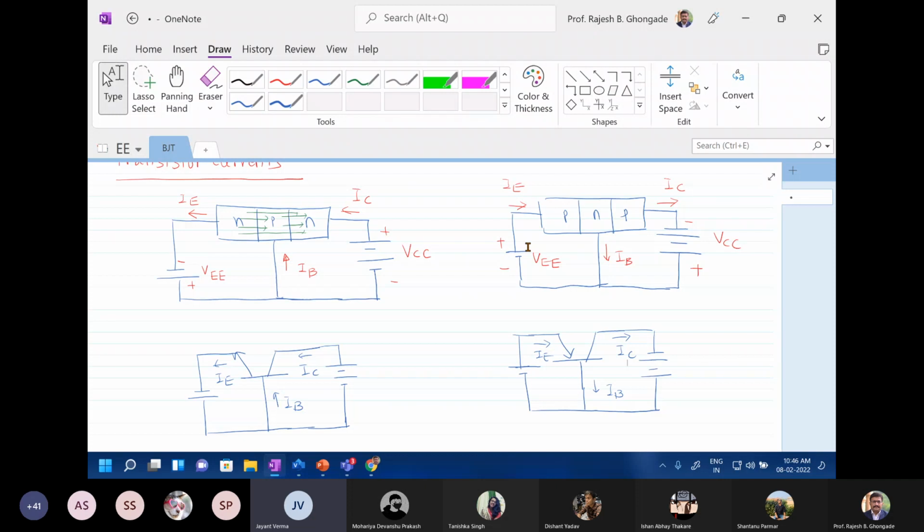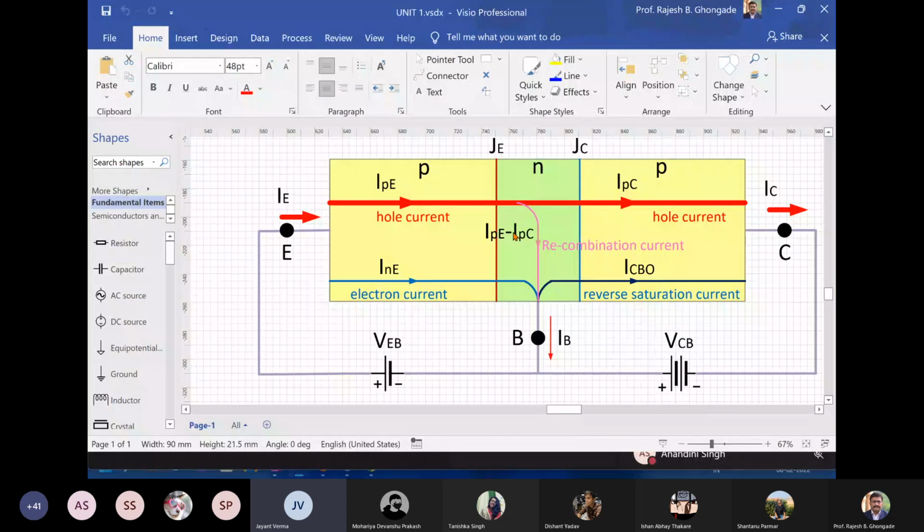We'll take PNP device, which is a little bit easier to understand because the current flow direction is one and the same as that of a conventional. तो एक PNP डिवाइस लिया.